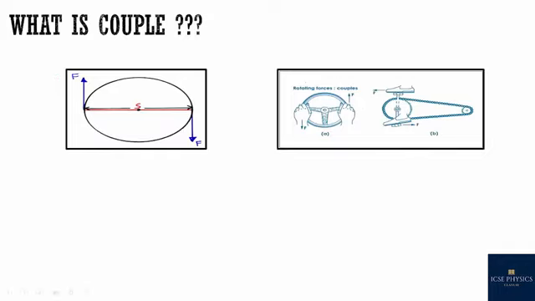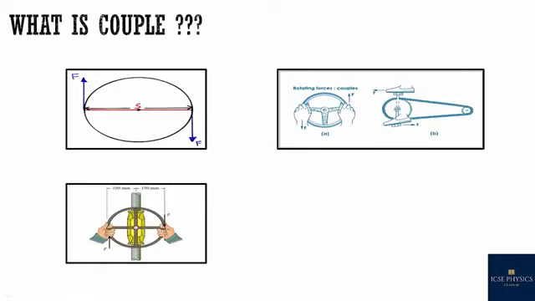We had already seen this diagram previously, the turning effect example, but we didn't see that there are two forces which always act and produce a turning effect. Suppose this is moving here, so with this hand the force is applied this side. Similarly here, what happens in a bicycle? If we apply one force here, another force is applied here, and these forces are equal and opposite.